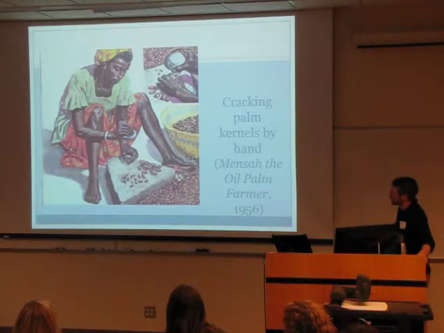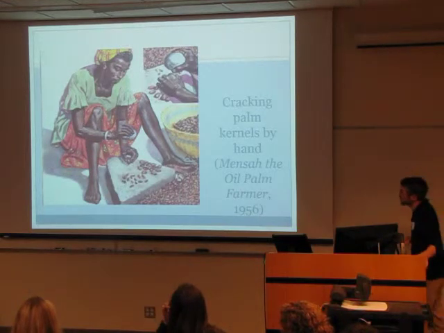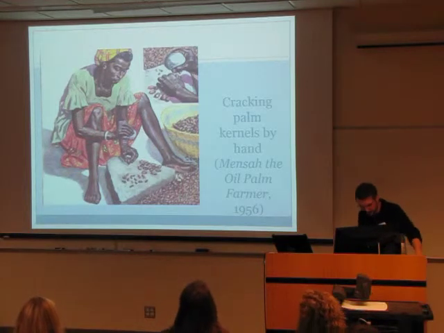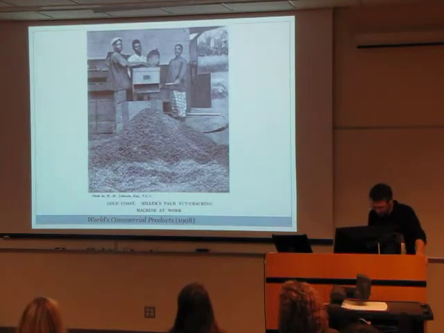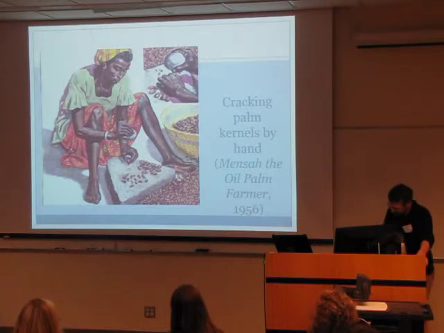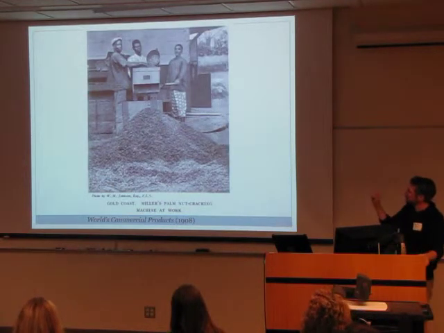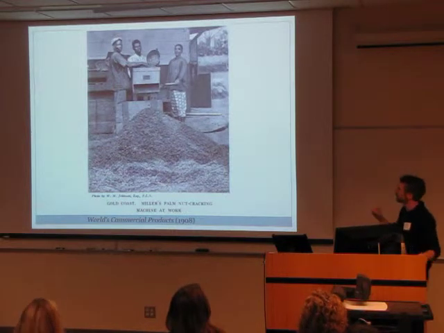I have similar examples of this in the palm kernel industry, which was largely a women's business, and the coconut industry, which is sort of a related tree crop. I'll just briefly mention palm kernels are especially interesting because they're irregularly shaped, very hard nuts in the middle of the palm fruit.